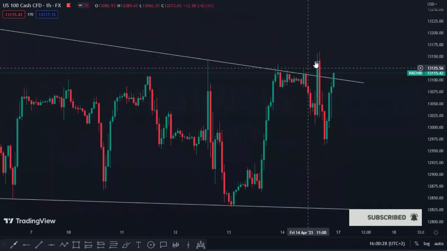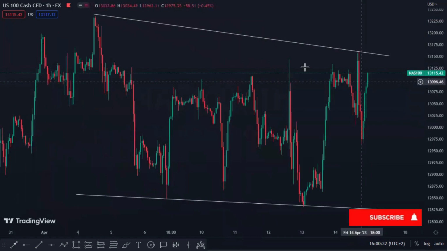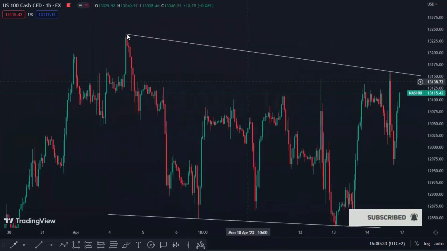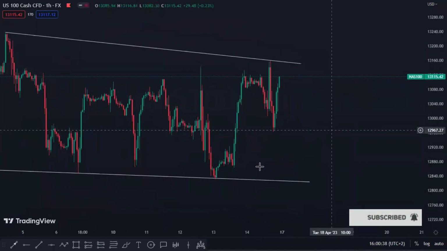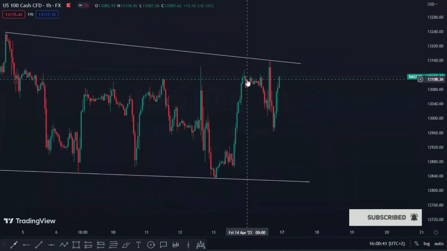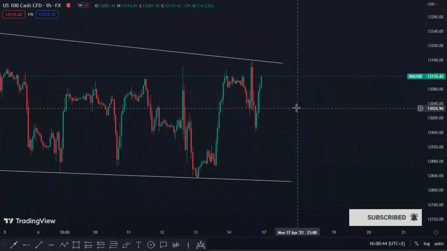You see, there was an imbalance here, and I'm just gonna adjust my trends. So guys, what can price do on US 100? We came from this impulse phase, and we can take this as a correction, and this is another impulse.